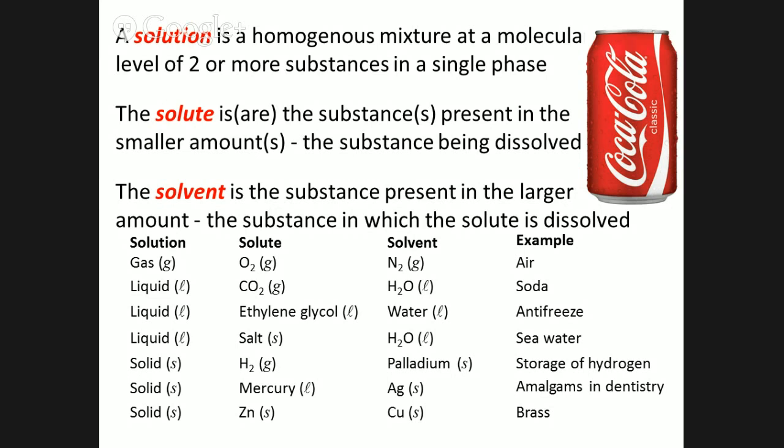So that would be the solvent. Oxygen is closer to 19%. So that would be a solute. Of course, there are other gases in our air, carbon dioxide and methane and all sorts of things. In much more minute amounts, they would all be solutes. You can have more than just one in the solvent of air.